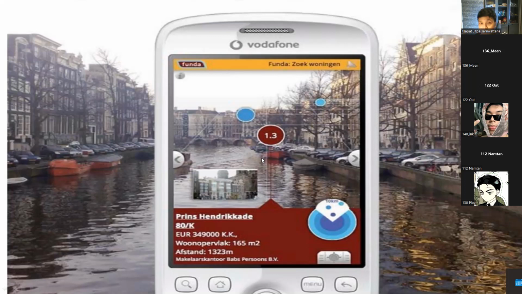I think one of the examples, and I'll make it quite a local example, let's say Wat Phra Kaew.